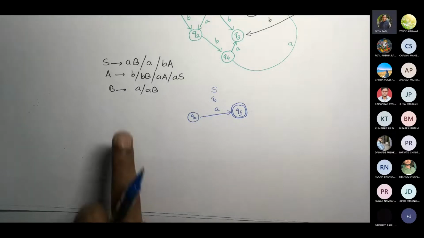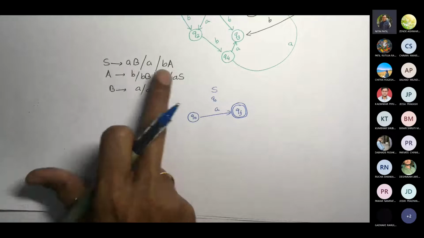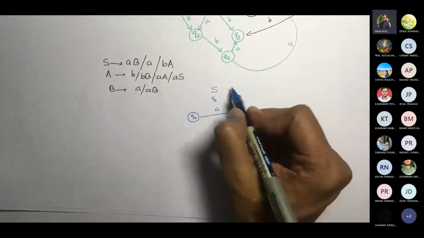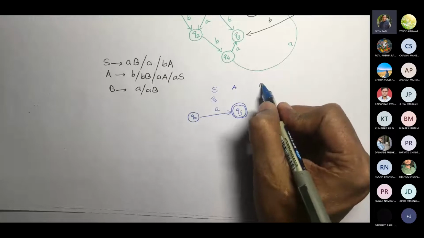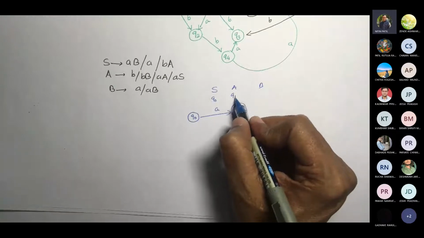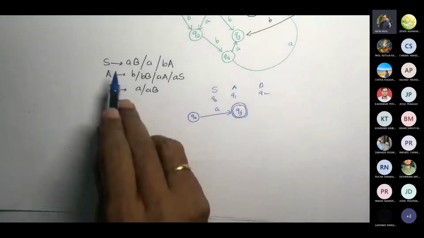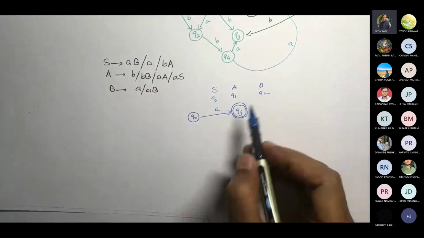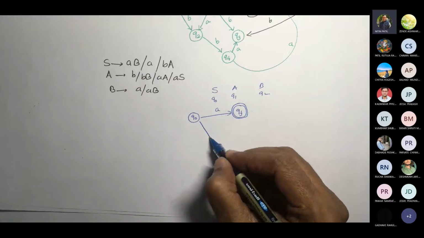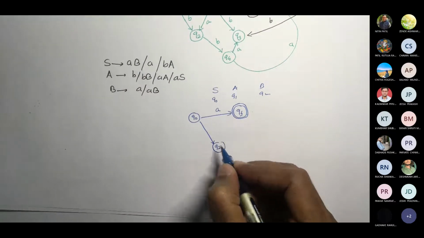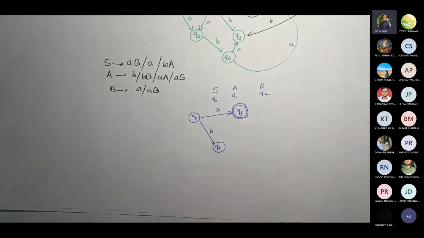Now AB. Now we have 2 productions, so either you take Q1 or Q2, whatever. So let me go this way, A, B. I am saying this is Q1, this is Q2. You can change the order too, not a problem. So A, B. B is what? Q2, correct? So this is B, fine.